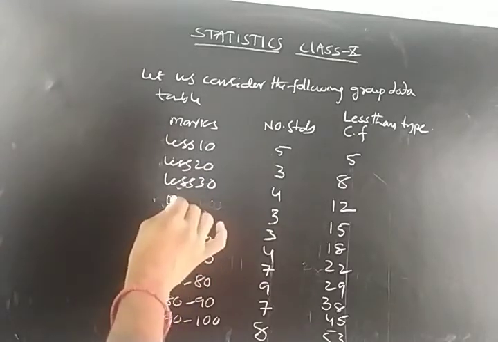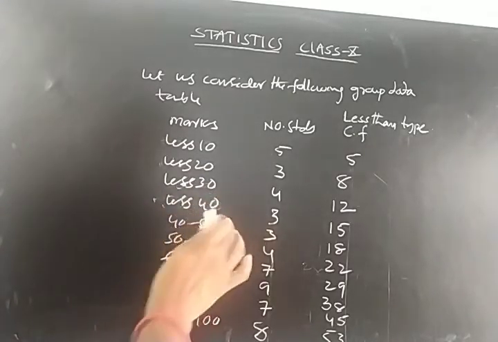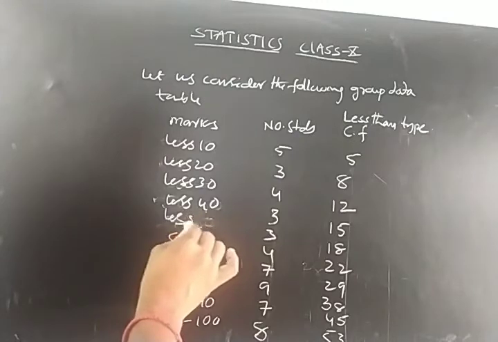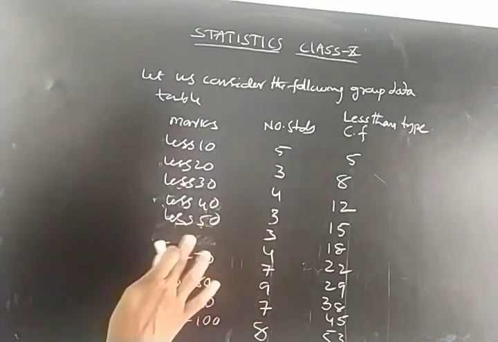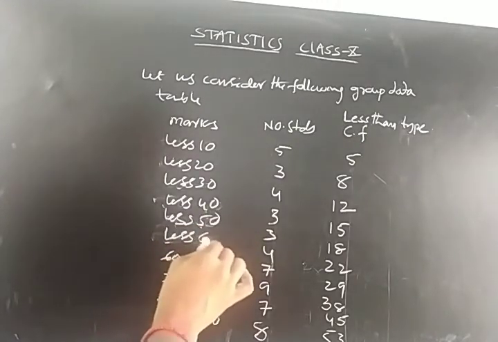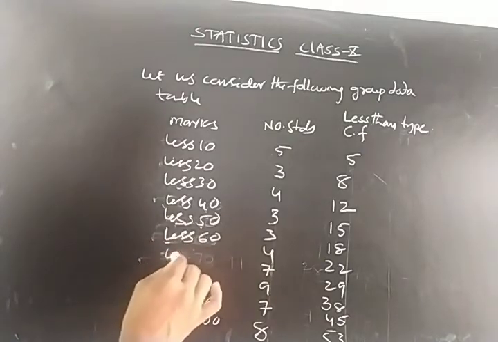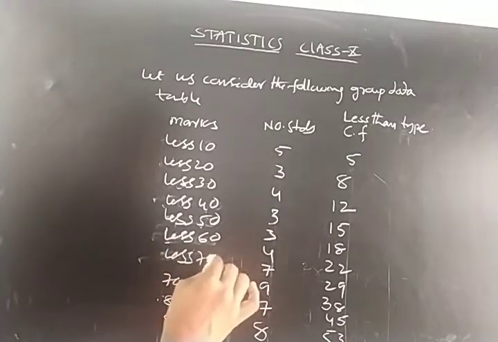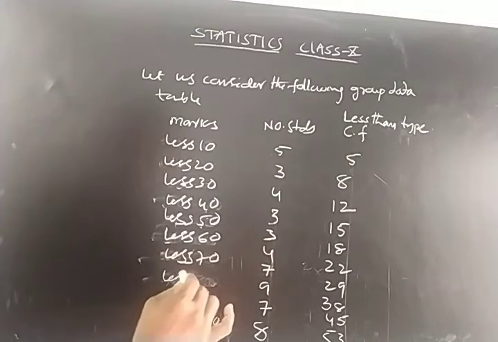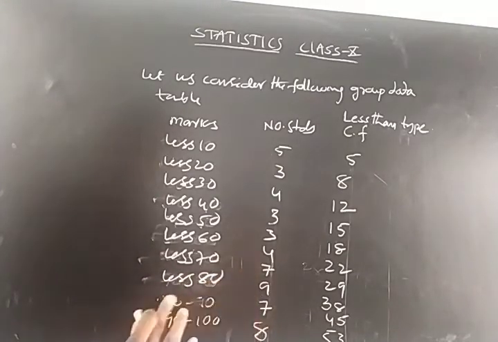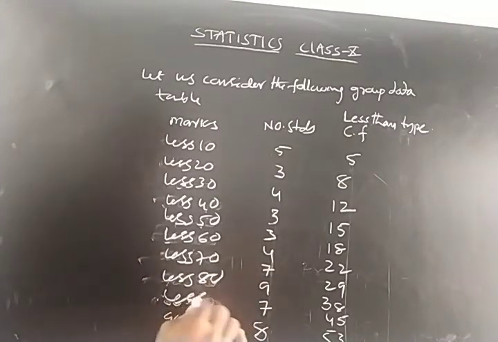Next less than 40, less than 50, less than 60, less than 70, less than 80, less than 90, and here less than 100.